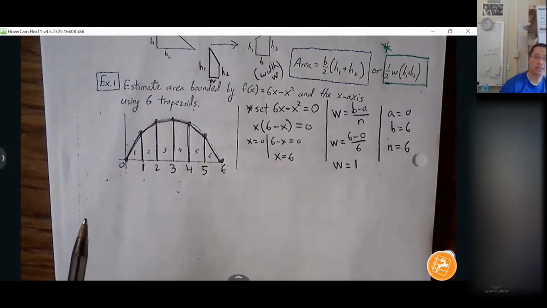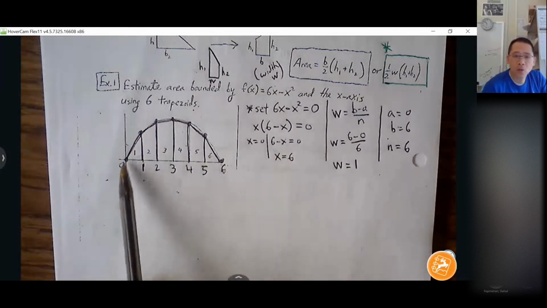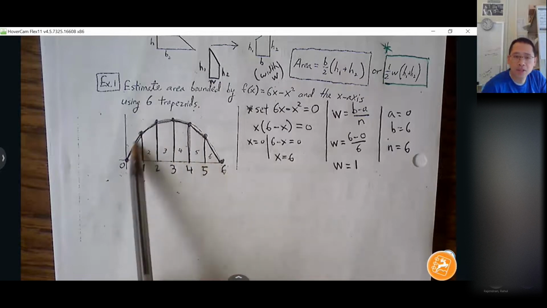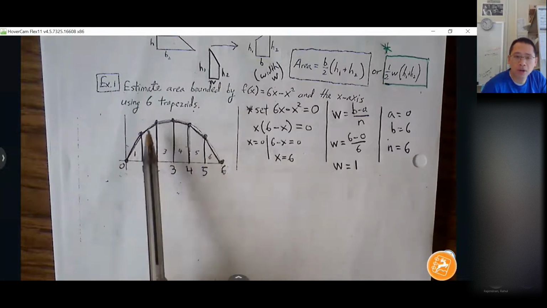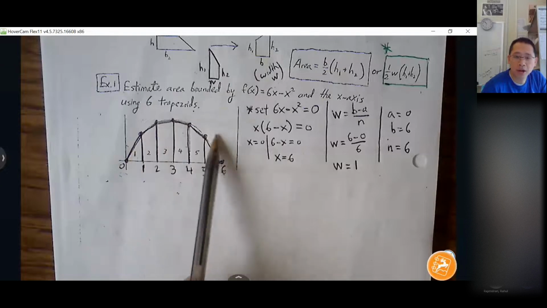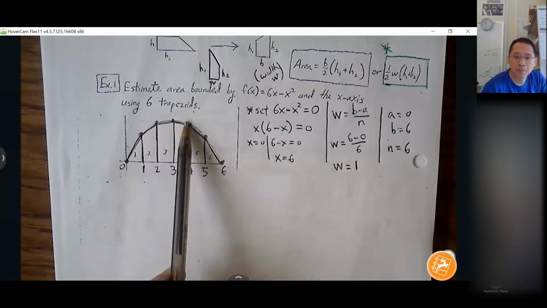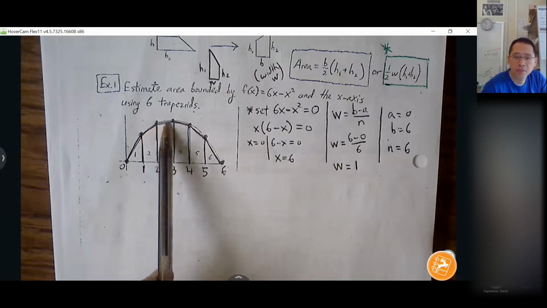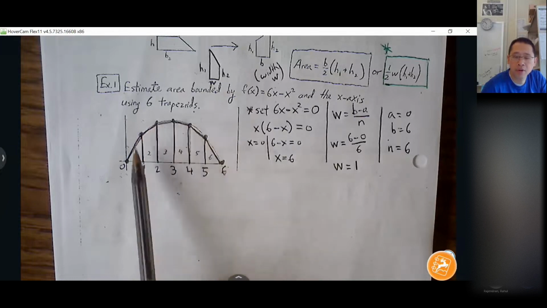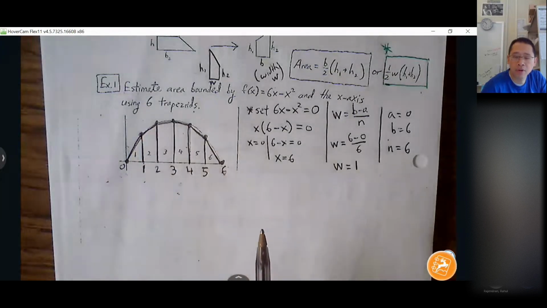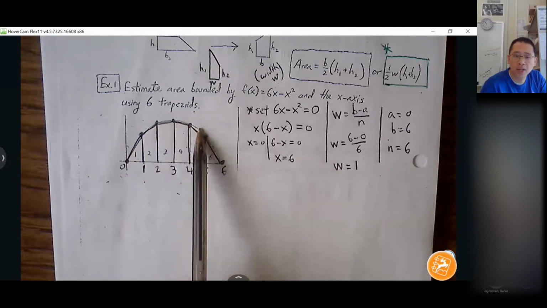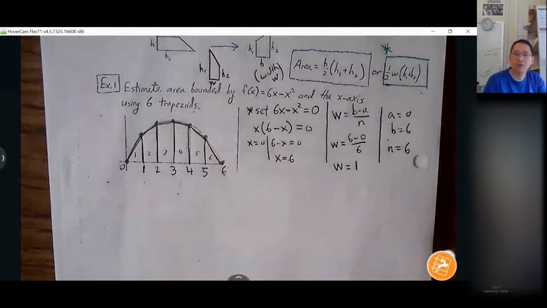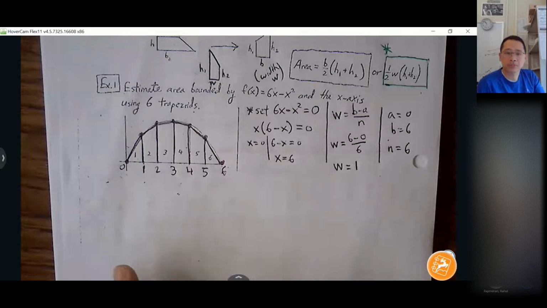But what I want you to notice is, look how well these 6 trapezoids are hugging the graph, creating a very good approximation of that shaded region, right? We see minimal gaps already with only a few trapezoids drawn.